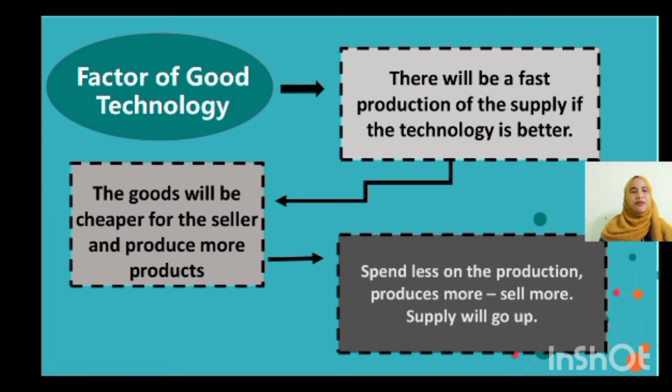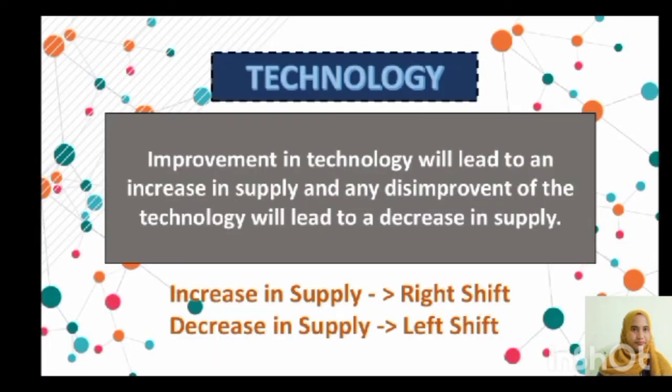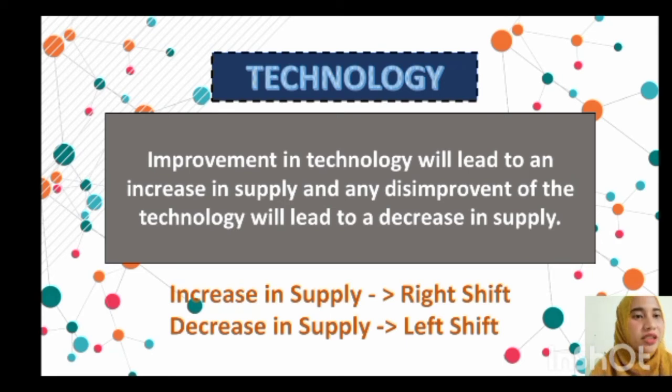So the improvement in technology will lead to an increase in supply. That's what I told you earlier. And any disimprovement, or any lessening in technology, will lead to a decrease in supply. So if you have a low standard of technology in producing the goods, there will be a decrease in supply.